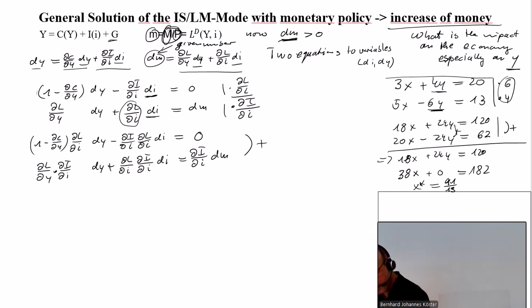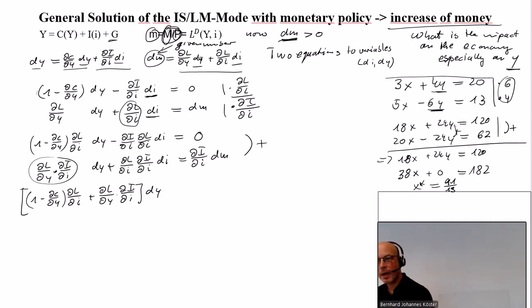now it will be a larger one, 1 minus ∂C/∂Y times ∂L/∂I plus this coefficient, and then large brackets, times dY equals this plus this vanish.